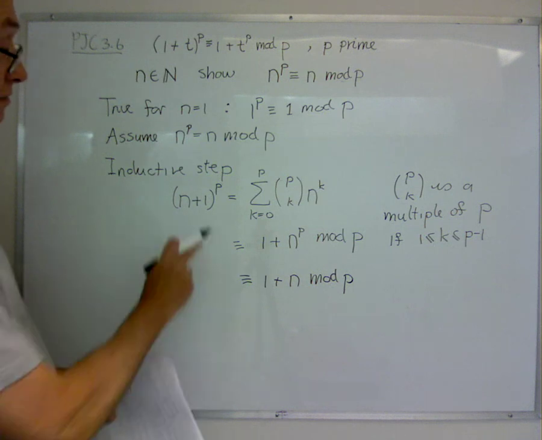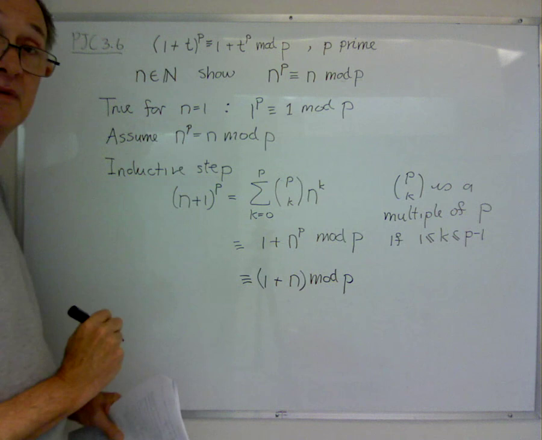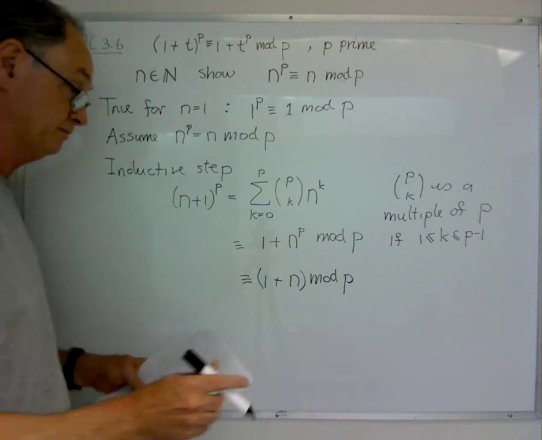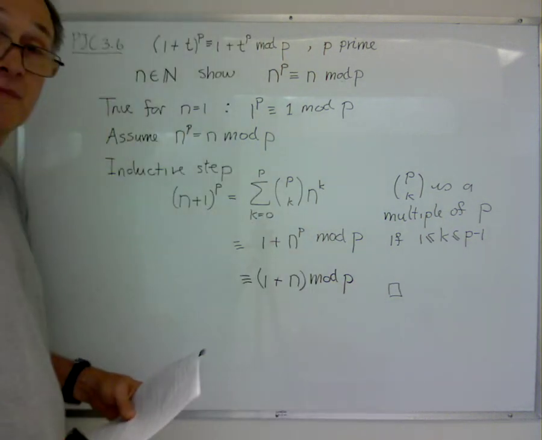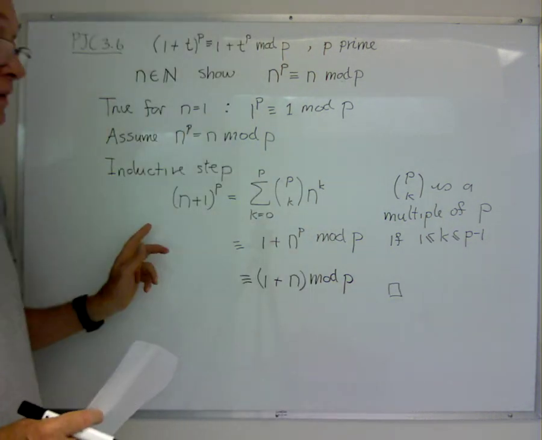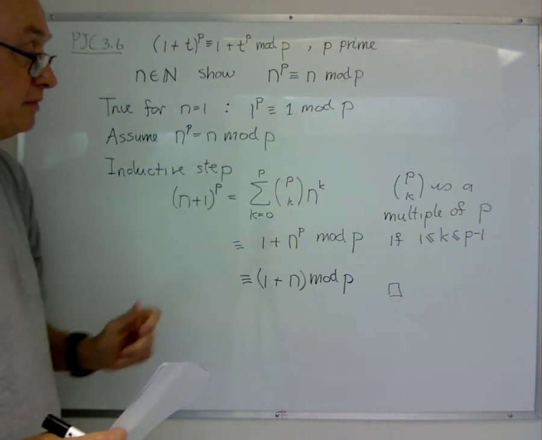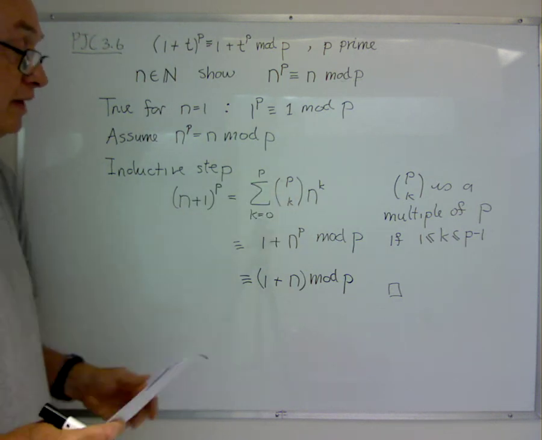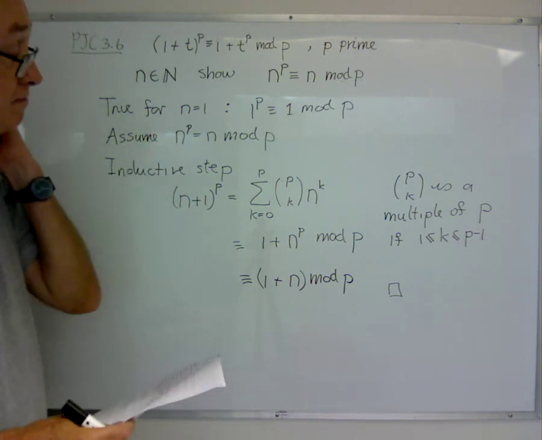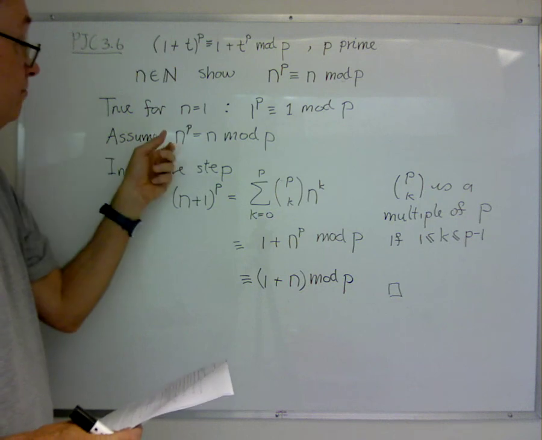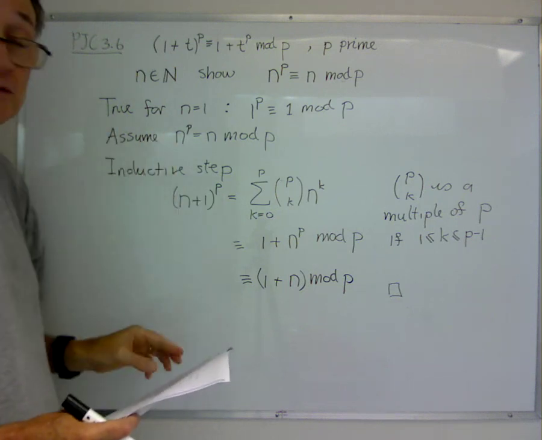And so you have it, right? So here is the inductive step. And so that completes this problem, so not very hard, right? It's just knowing the facts about this binomial coefficient, and you can easily solve this. And of course, you use the inductive hypothesis in here, and you know it's true for n equal to 1.